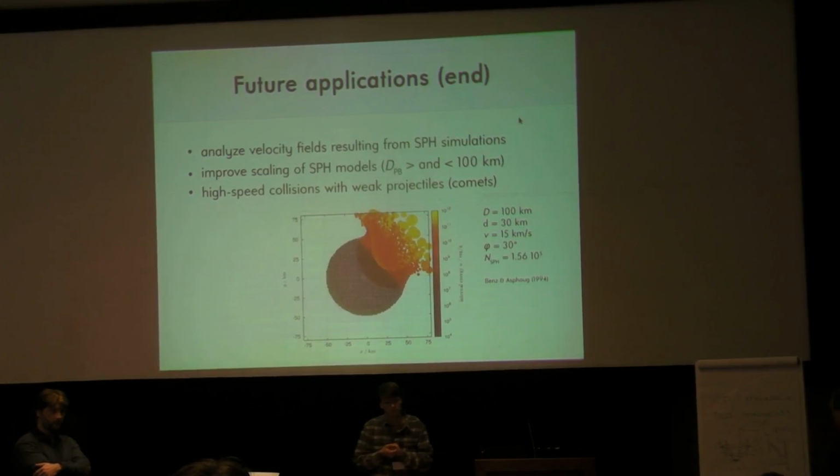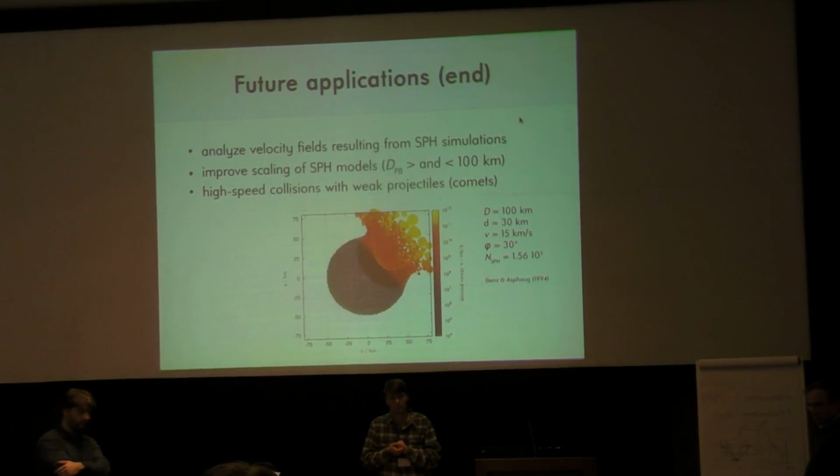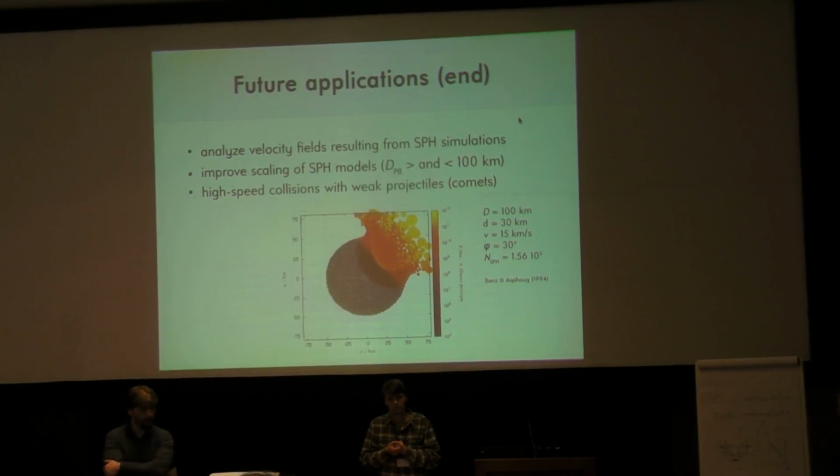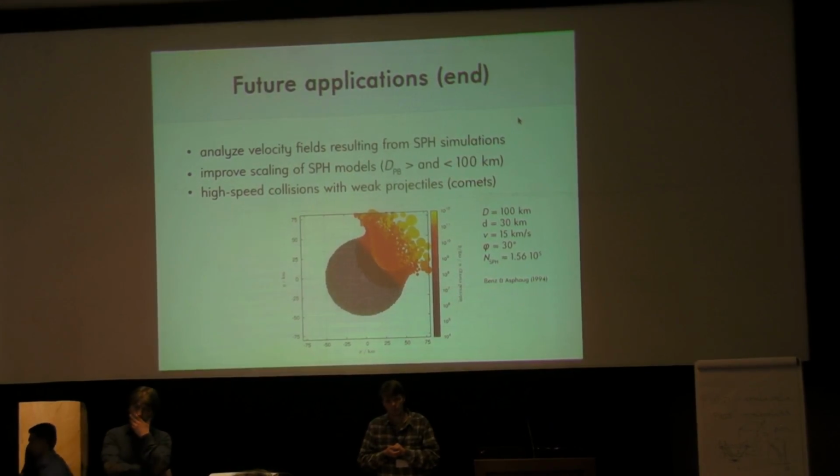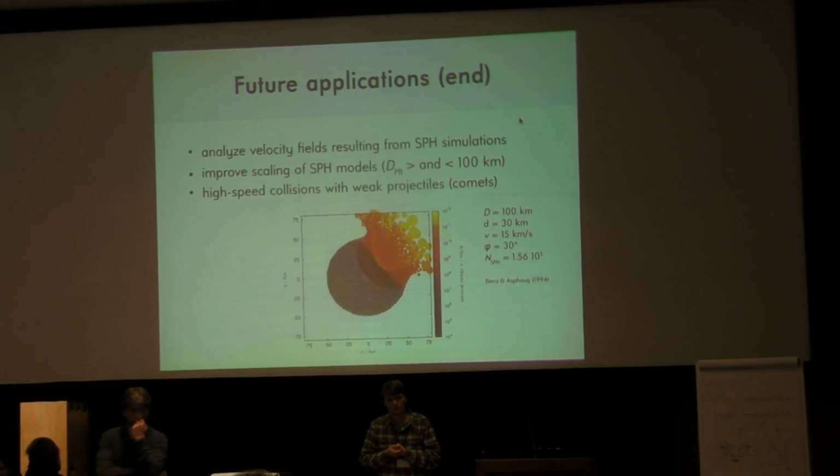Because in the past we were using a semi-empirical model of ejection velocity fields in this kind of events, and we did not find any possible accumulation. So we are trying to understand what are the properties of velocity fields that allow for the accumulation.